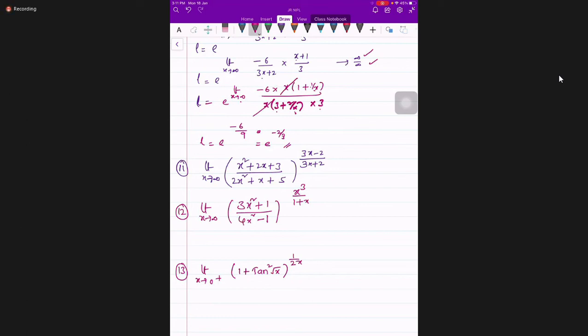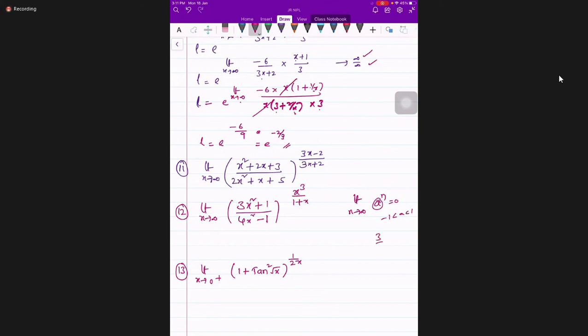What is 3 by 4 whole power infinity? Sir, it will be 0. 0. Why? I gave one formula, do you remember? Yes, sir. A power n becomes 0 if n tends to infinity. If you raise anything to a higher power, that is 0 when that number is between minus 1 and 1. Correct or not? Yes, sir.